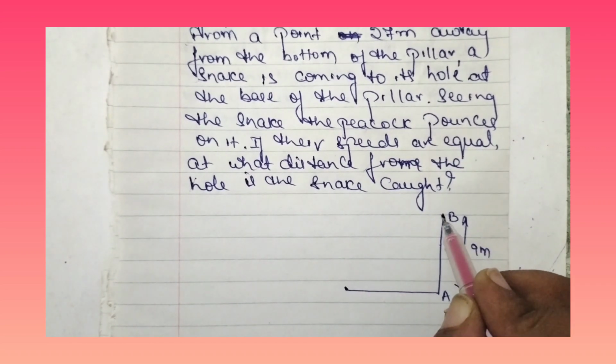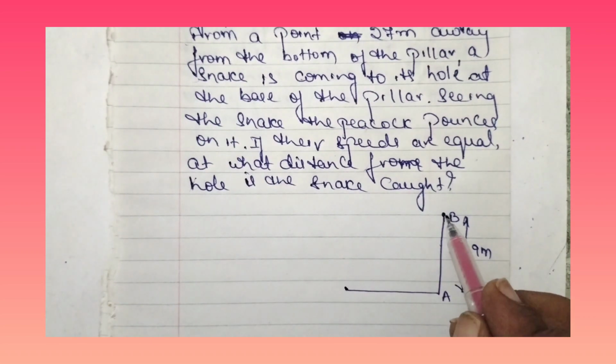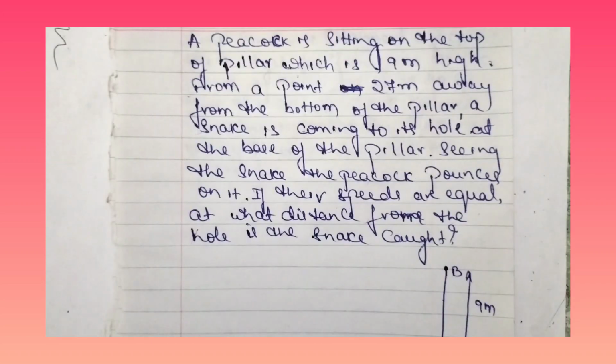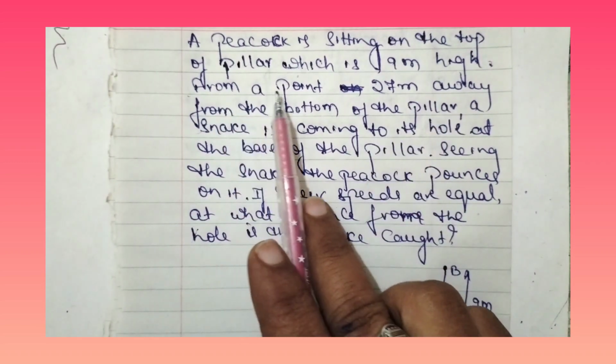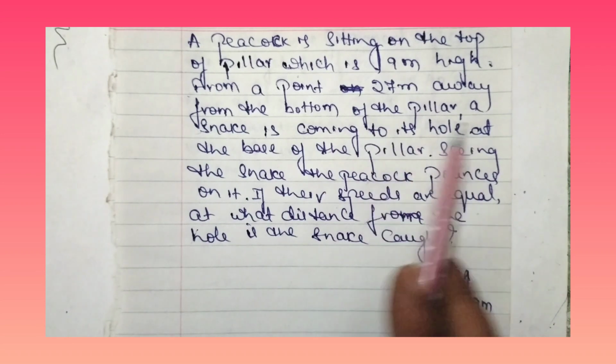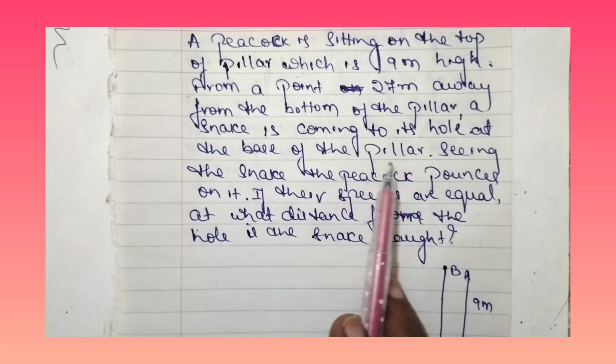At the top of the pillar the peacock is sitting. If the position of the peacock is B, then, from a point 27 meter away from the bottom of the pillar, a snake is coming to its hole at the base of the pillar.